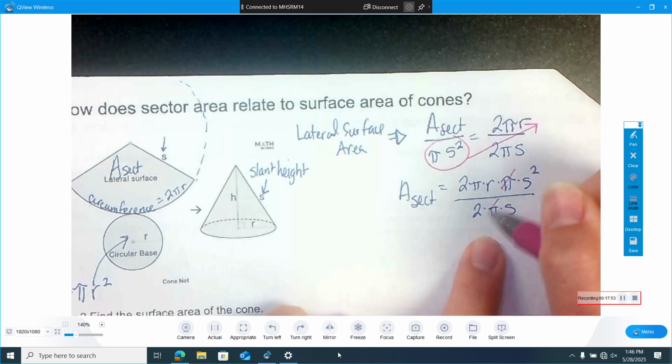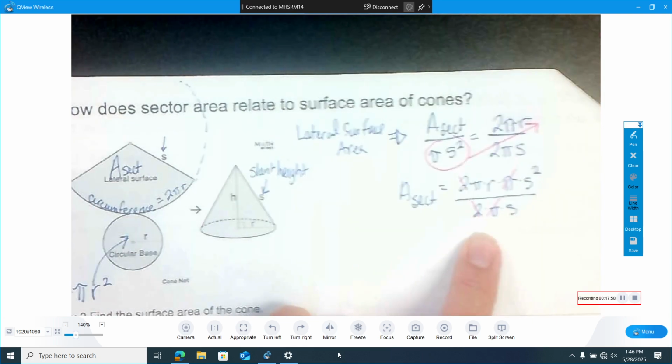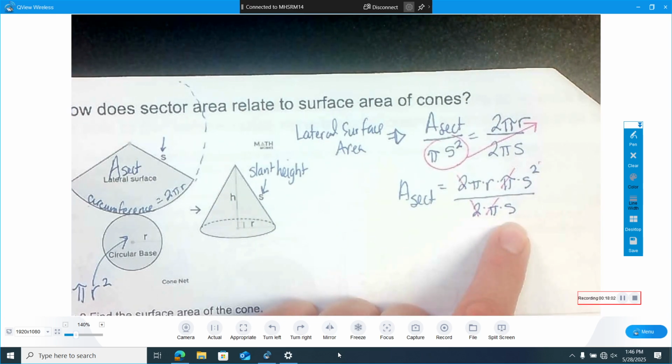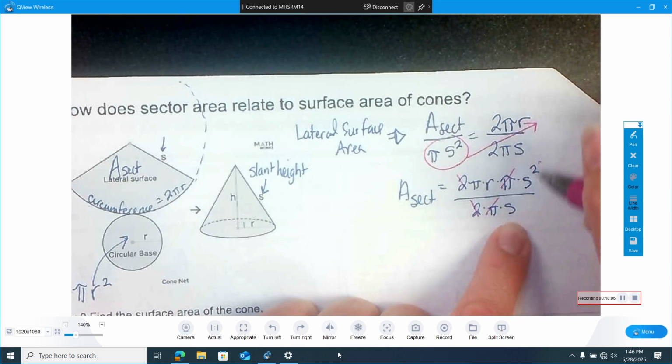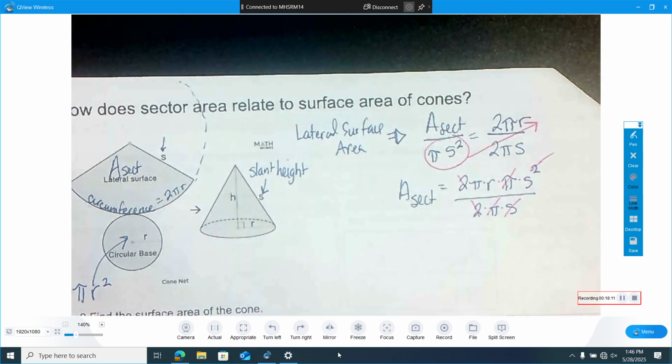I get some pi's that cancel out. I get some 2's that cancel out. What happens with s squared divided by s? It just gives s to the first power. Yeah, one of those s's is going to cancel out, so we just get a single s left over.